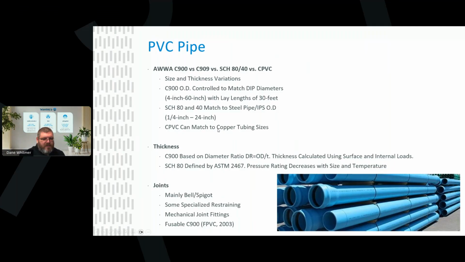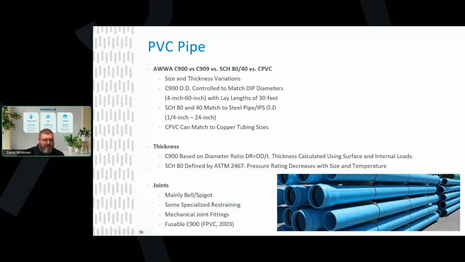So your joints, it's mainly bell and spigot, so slip-on joints. To restrain this, you have to have external restraints that go over the bells, some mechanical joint fittings, and then there's also this fusible PVC, so much like HDPE. There's a special mix out there. It used to be proprietary.